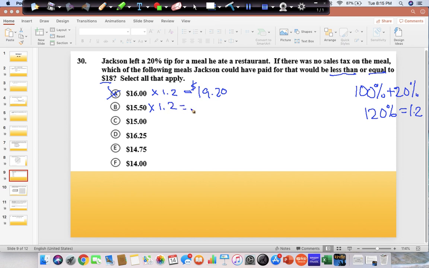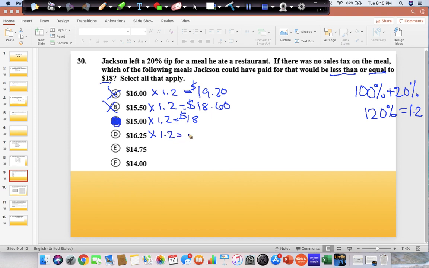So 15.5 times 1.2 gives me $18.60. So again, still not. 15 times 1.2 gives me $18. So this one will work. So C is correct, but we need to keep going because it said select all that apply.